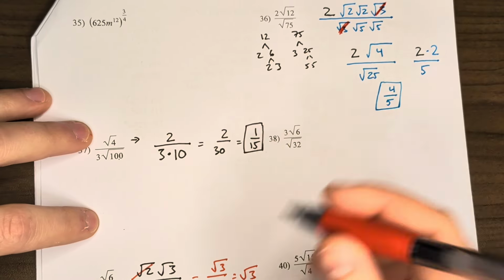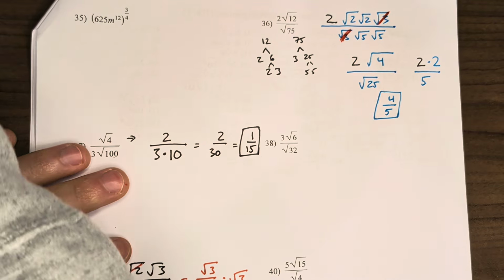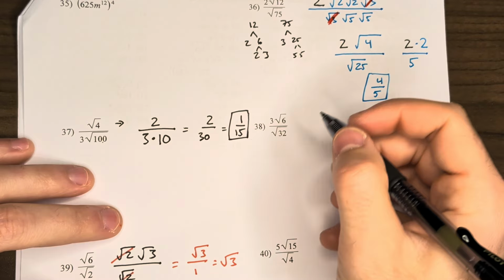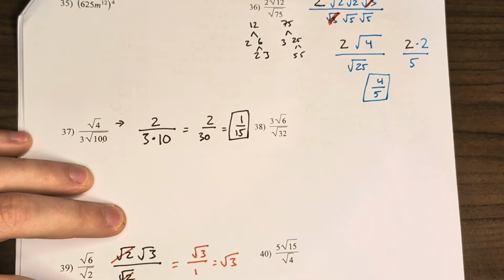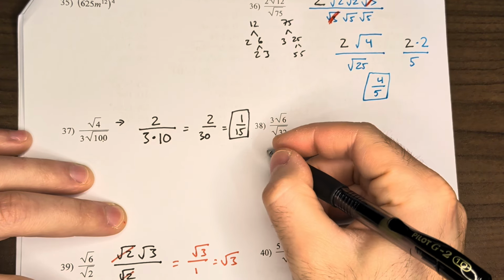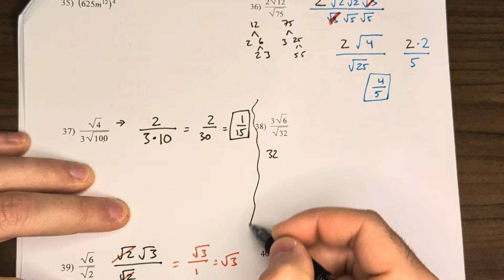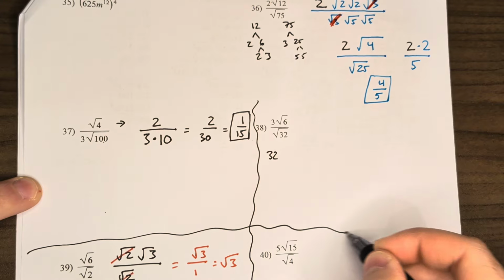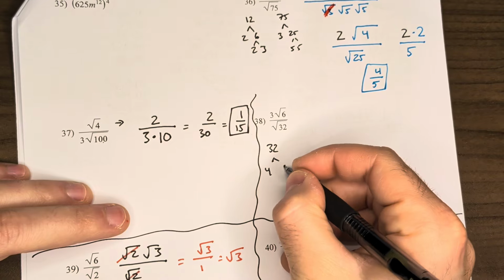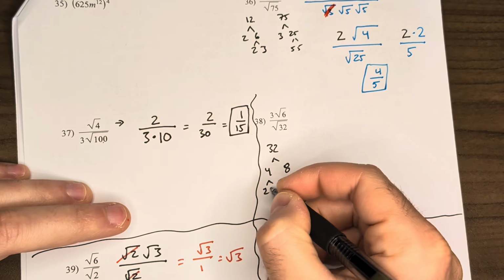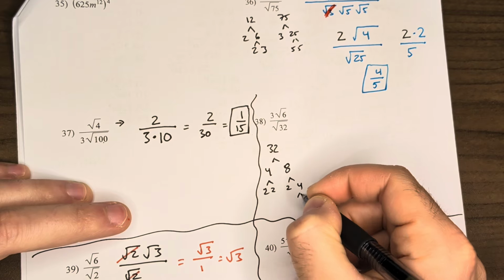Let's take a look at 38. That's probably the only difficult one that's left. So let's take a look at how I can break down the 32. Let's separate this out so you guys don't get confused. I can break the 32 into 4 and 8, 2 and 2, 2 and 4, 2 and 2.